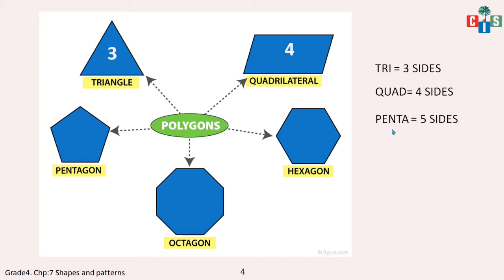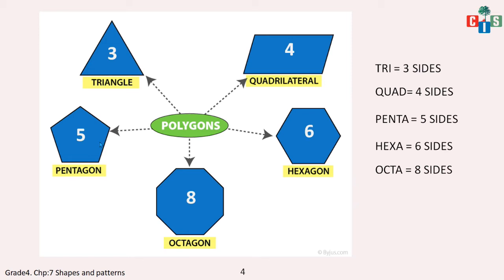Then we have the pentagon having 5 sides, because penta means 5 sides, and hexa means 6 sides, hexagon, and octa means 8 sides, so this is an octagon. Now these are certain examples of polygons. A circle is not a polygon because you are not using any line segment there. It is a simple closed curve figure.